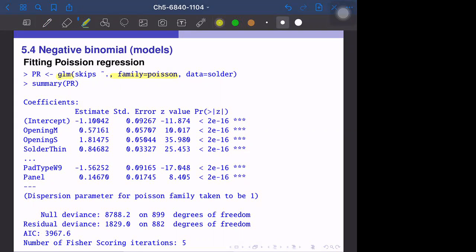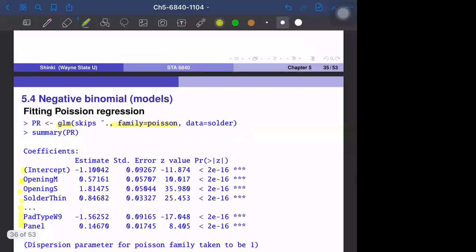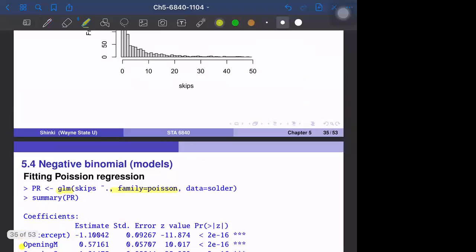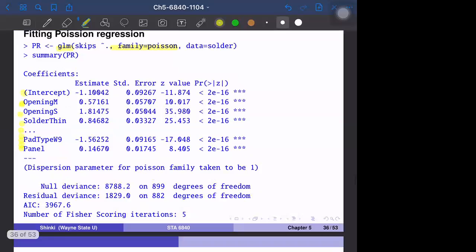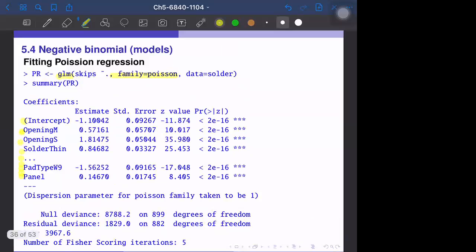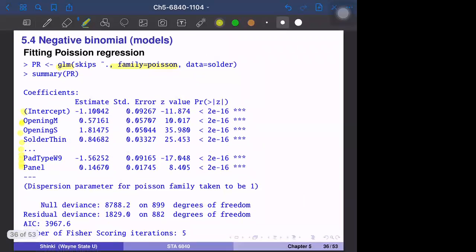Then we see these parameters, and we have many levels for several variables. You can see the opening has 3 levels, so 2 additional levels in addition to the intercept, and some other variables have multiple steps. I just omit several rows, but basically we get all the coefficients, all the z values and the test results.